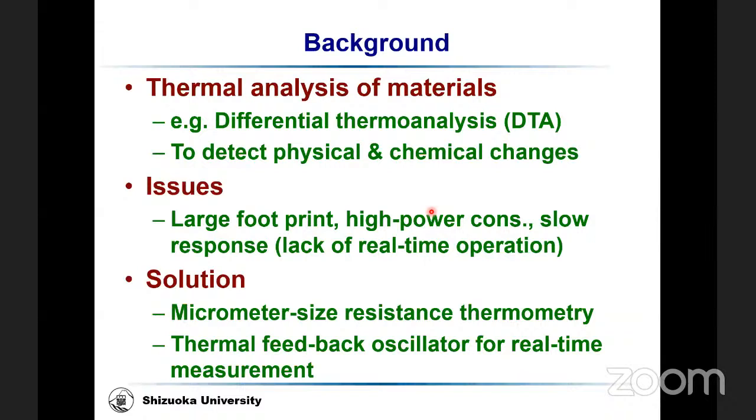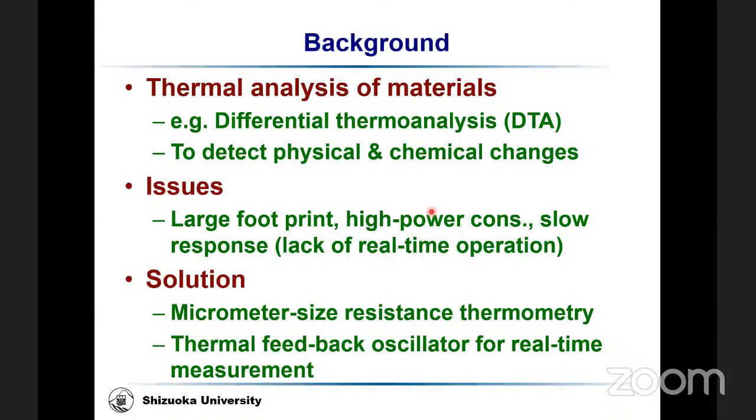So there is a lack of real-time operation. And the solution I would like to show is the use of micrometer size resistance thermometry. And for the real-time measurement, I also propose the use of a thermal feedback oscillator.